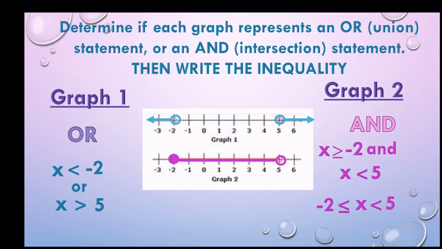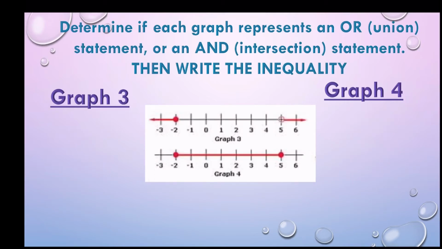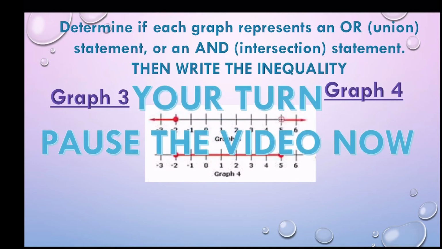So we need to be sure that when you are writing both of these, that you are using the word or and the word and. If you don't put that in between, it will be marked wrong. So pause the video. Okay, try this on your own.